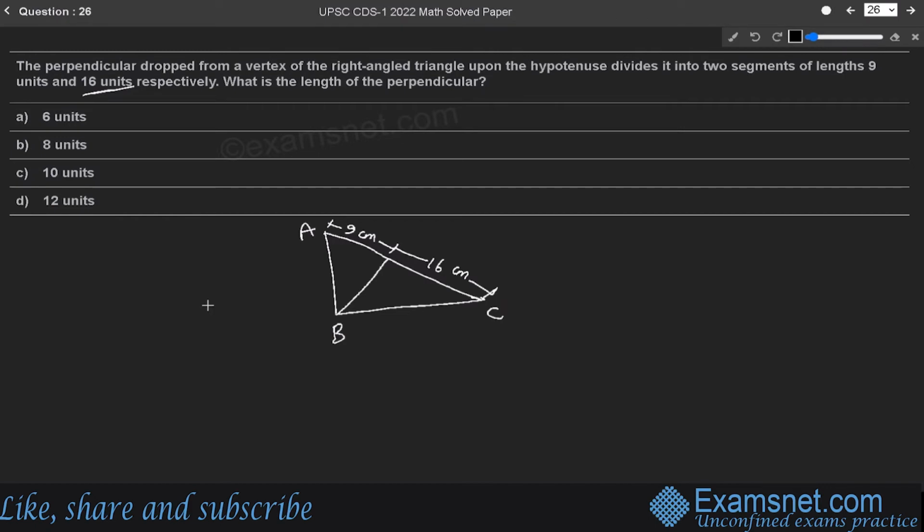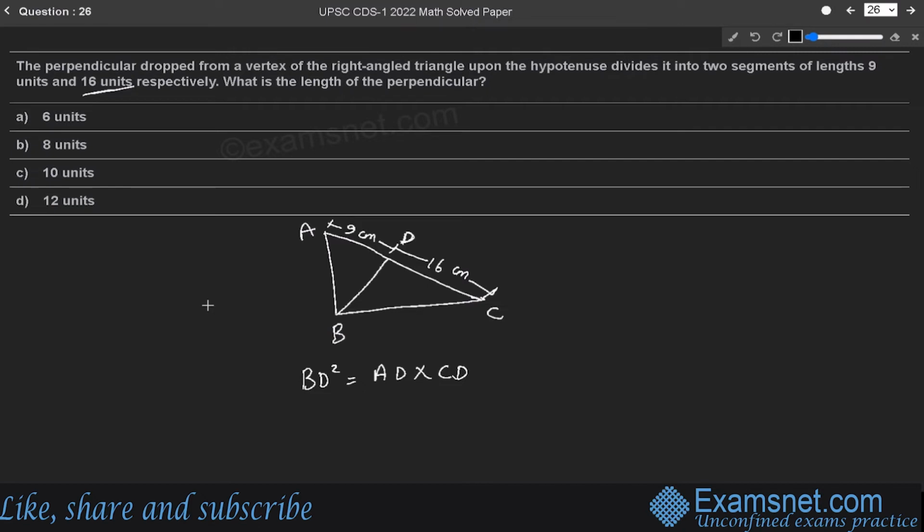Before moving on further, let us understand a concept: in a right angled triangle ABC, if perpendicular BD is drawn on the hypotenuse AC from the right angled vertex, then BD square is equal to AD into CD. You can see that a line is drawn from the vertex perpendicular to the hypotenuse.